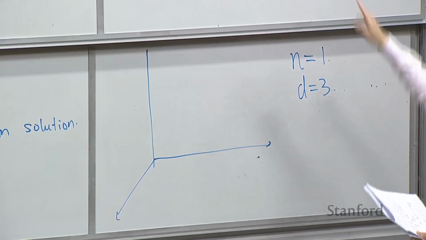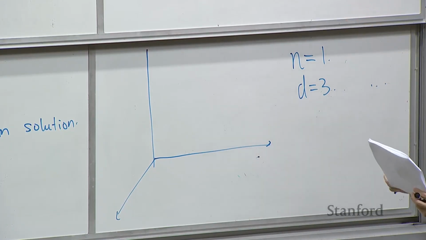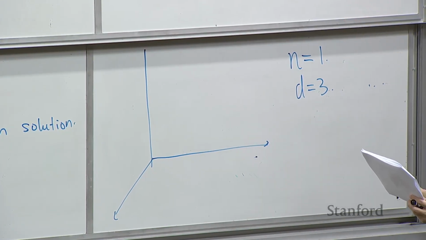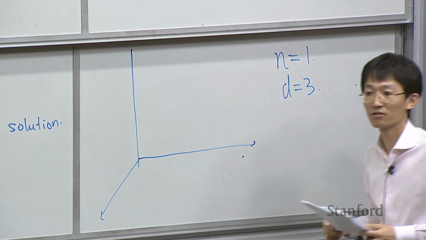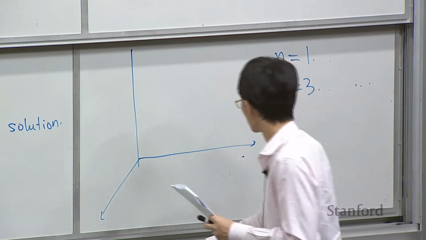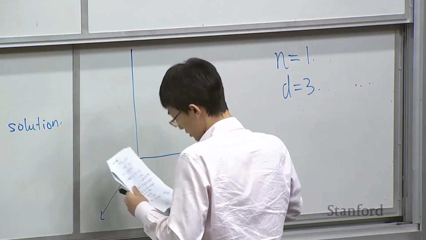So you just have one linear equation and three variables. That means that the family of solutions is a 2-dimensional subspace. So let me try to draw this.